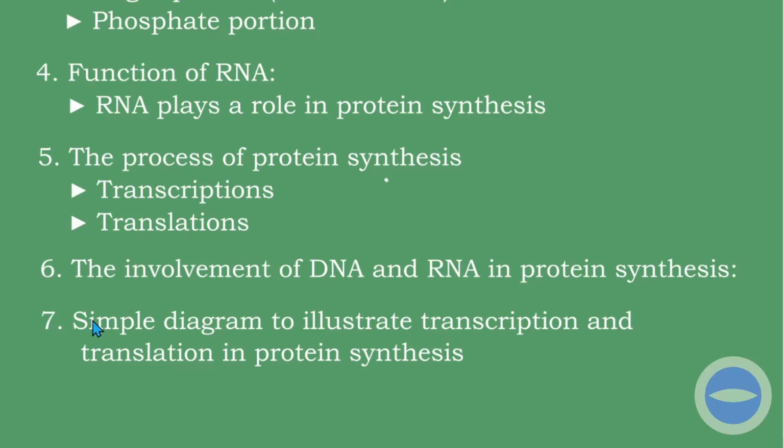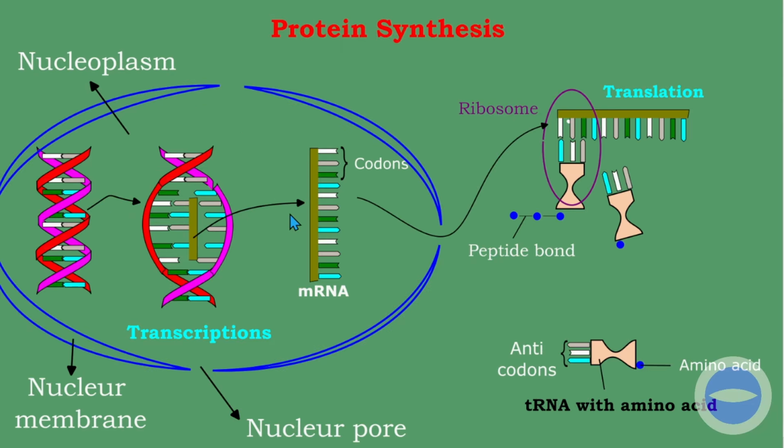Then number 7, you must note the symbol diagram to illustrate transcription and translation in protein synthesis. This is the symbol diagram. This diagram represents the protein synthesis. So you must know how to label it, and some of the functions of these parts, you must know them.